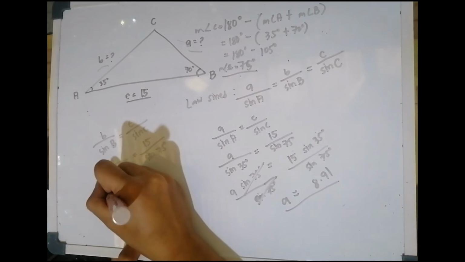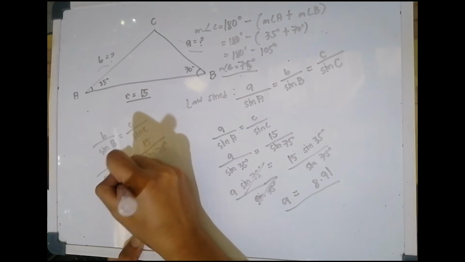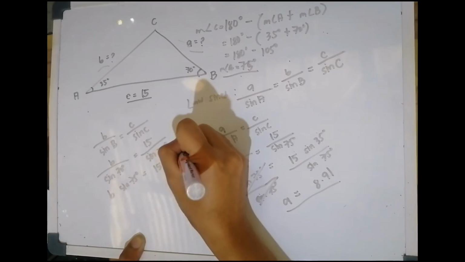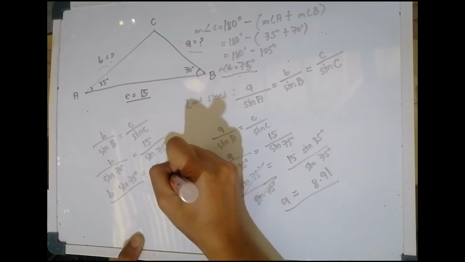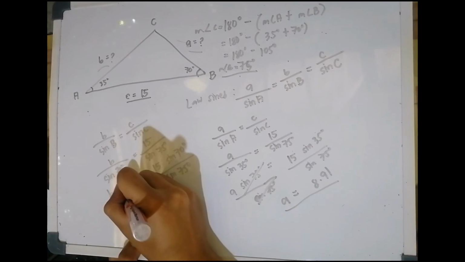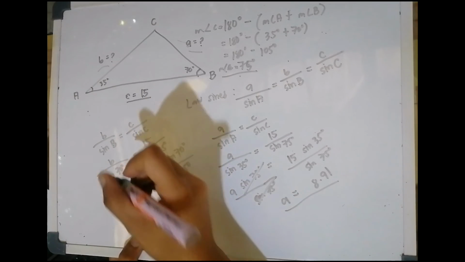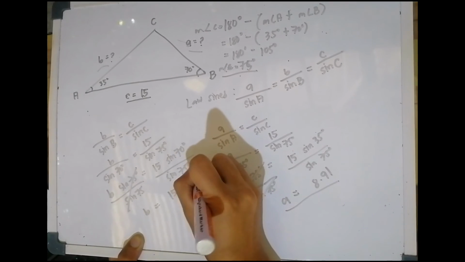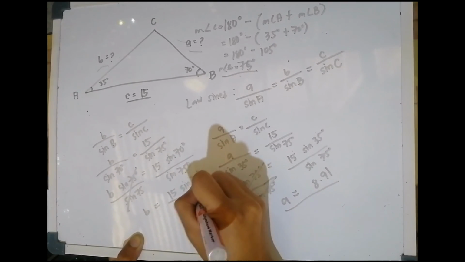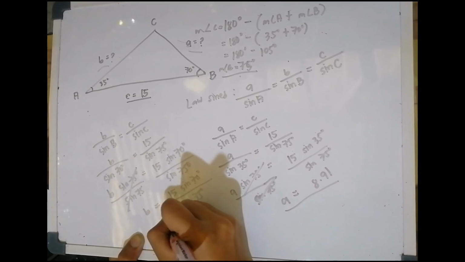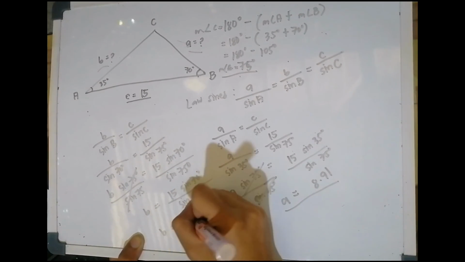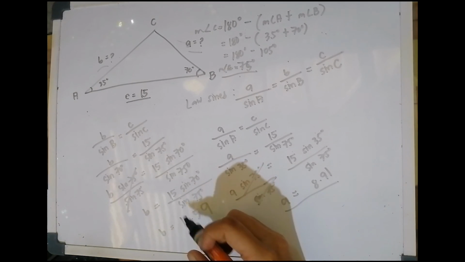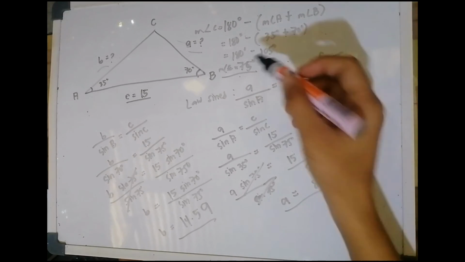Then we cross multiply and come up with B times sine 75 degrees equals 15 sine 70 degrees. Then we divide both sides by sine 75 degrees, so B equals 15 sine 70 degrees over sine 75 degrees, which is equal to 14.59 units. So these are the values of our side B, side A, and angle C.